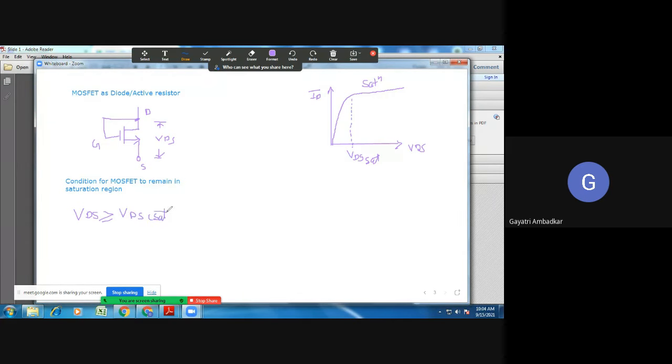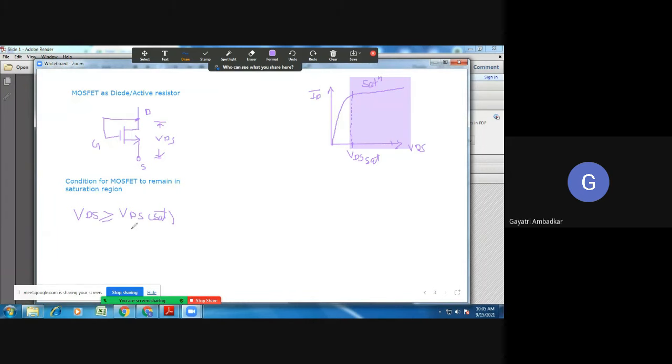Agreed? When will the MOSFET enter into saturation? From this portion to this portion, the MOSFET is in the saturation region. So in this region, VDS is greater than VDS sat. Agreed? Yes or no? Can you see, when the value of VDS exceeds beyond this point, then only the MOSFET is present in the saturation region, which means VDS must be greater than or equal to VDS sat.